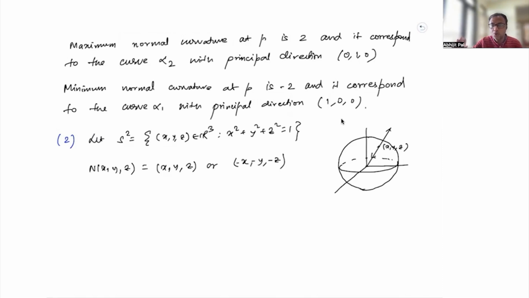So we can take two orientations of this unit sphere S2. One is the outward normal and another is the inward normal. Let us take N(x, y, z) equal to (-x, -y, -z).